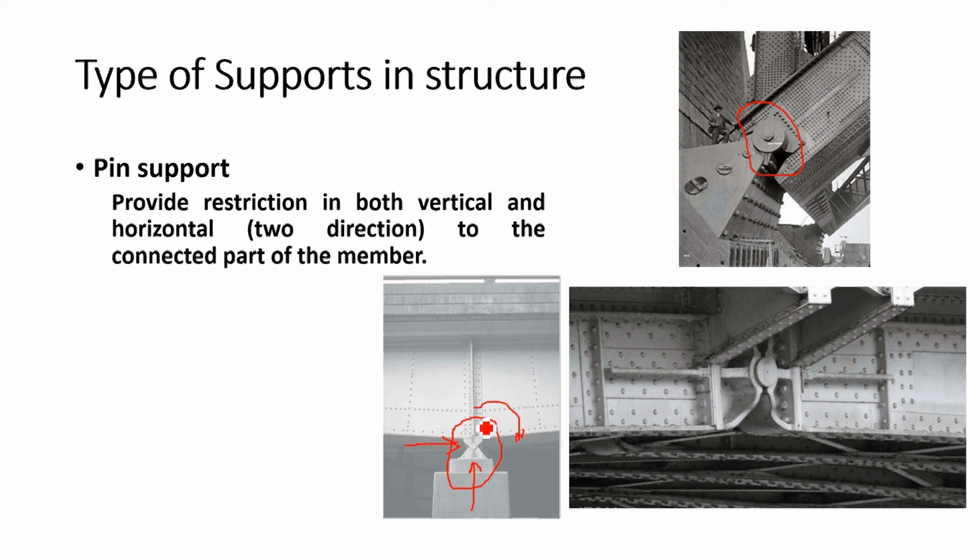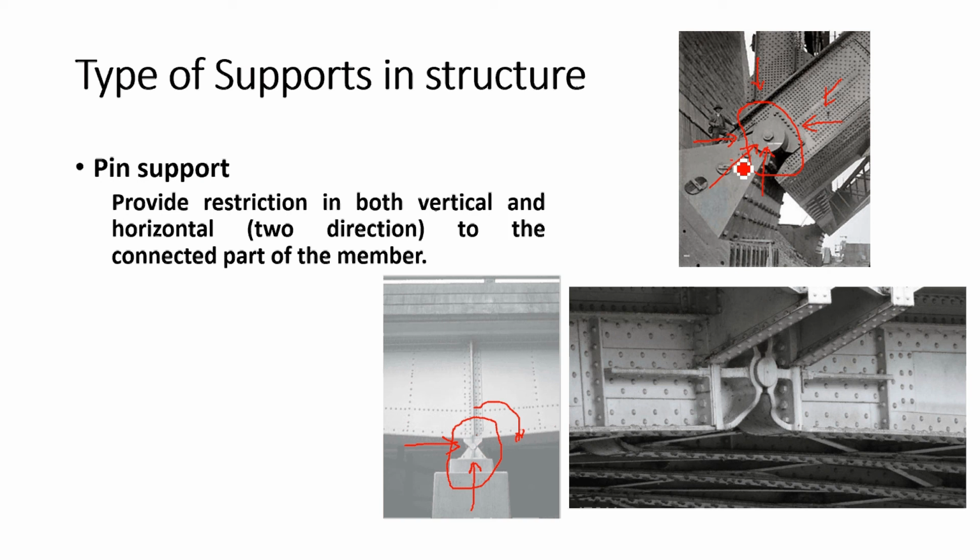Okay. Similarly here, this is the inclined pin support. If you give any force this way through your member, your support will give the restriction opposite of that. Also, if you try to move your member horizontally, the support will give horizontal restriction. If you give any vertical load, the support will give vertical reaction, right?